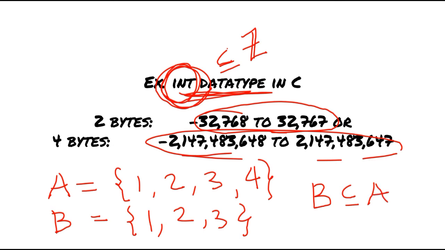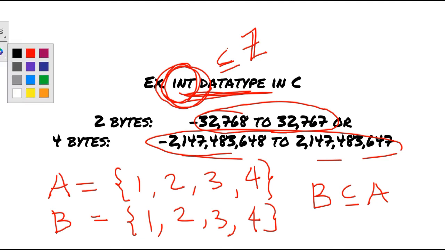However, the question arises, can B be equal to A? Say, can this B be 1, 2, 3, 4, and can I still consider it a subset? And the answer is yes.